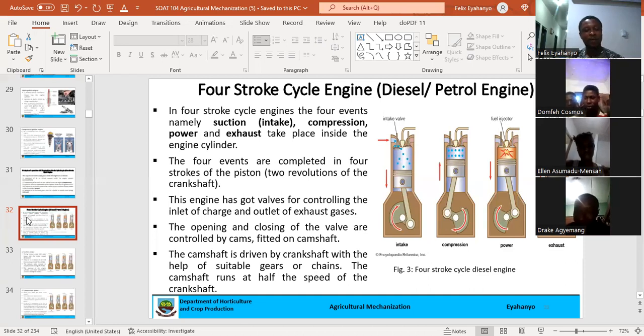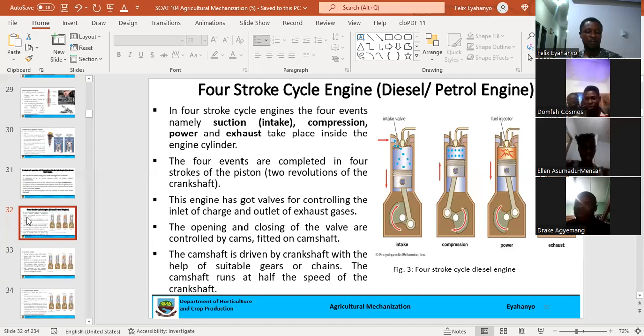So when it comes to petrol, what will you deal with? In diesel we use fuel injectors, but in petrol, what do we use for the ignition?